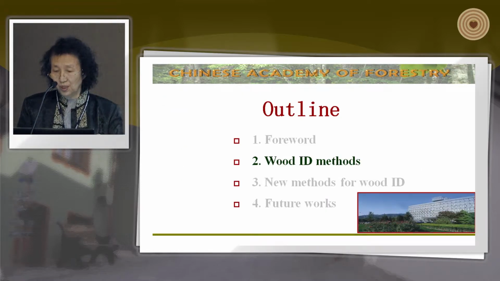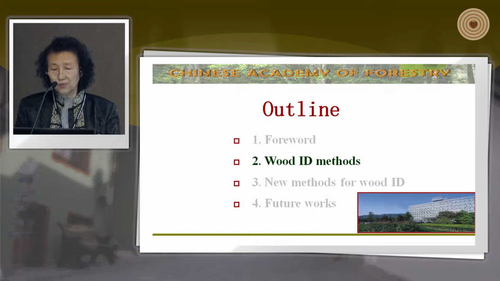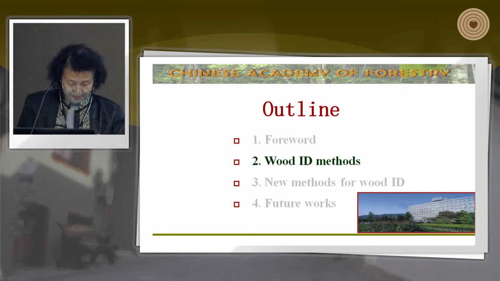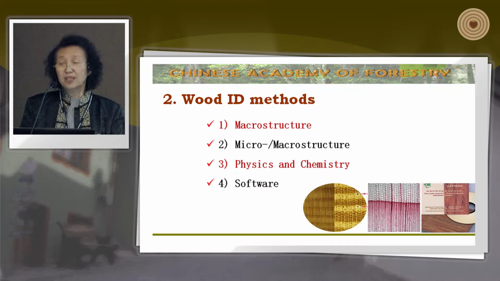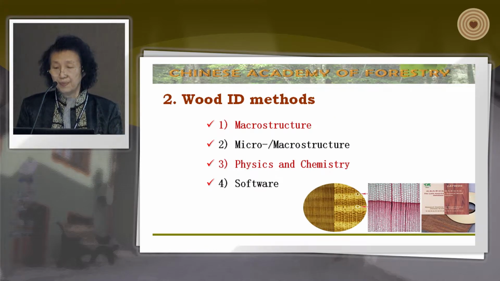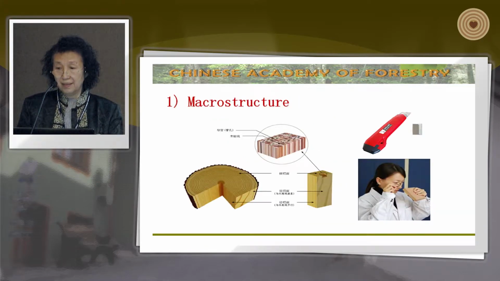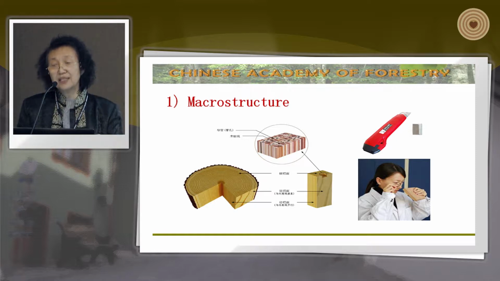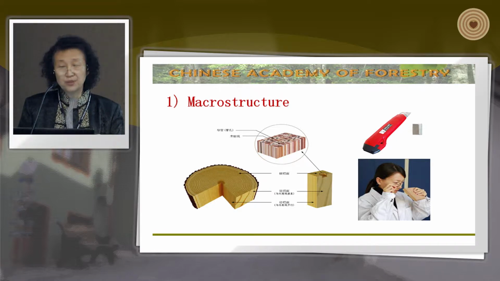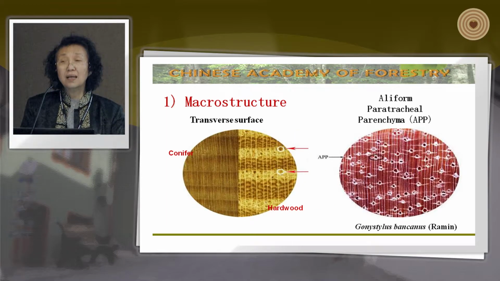Part 2 introduces wood ID methods. Usually we use 4 methods. The first one is to use the microstructure. Everyone knows we can use a hand lens, then observe the transverse surface.